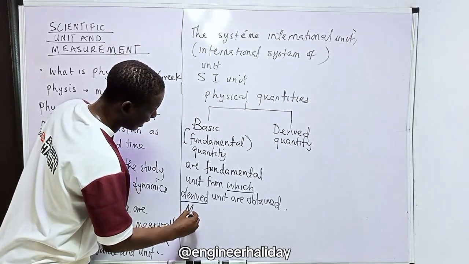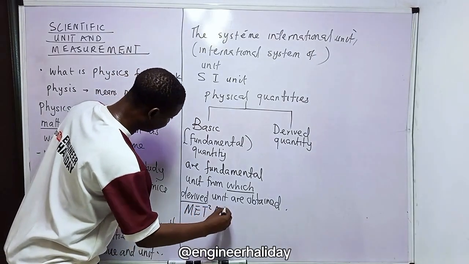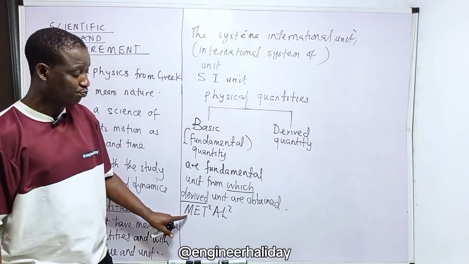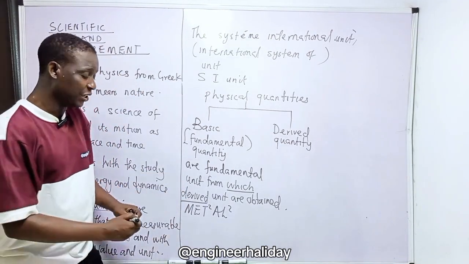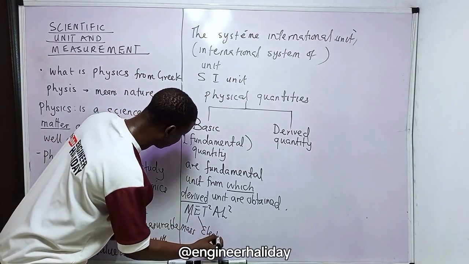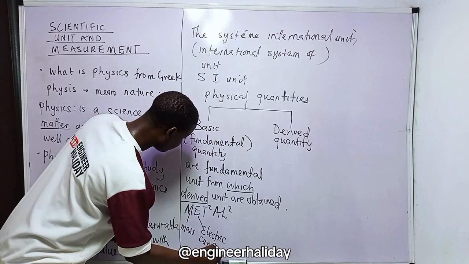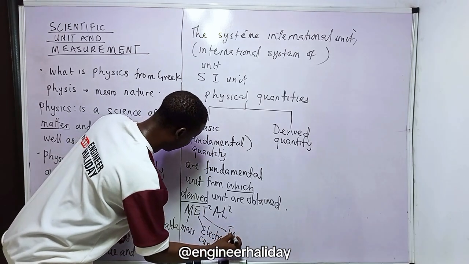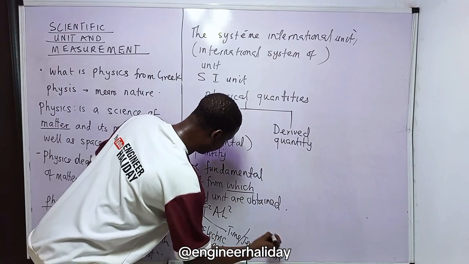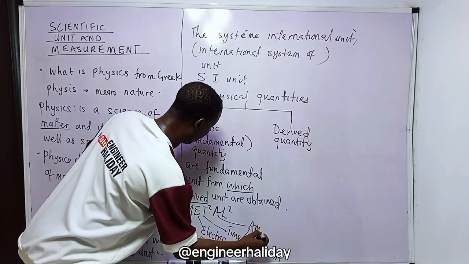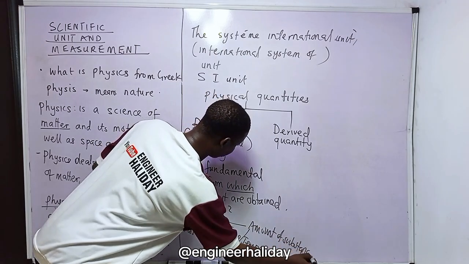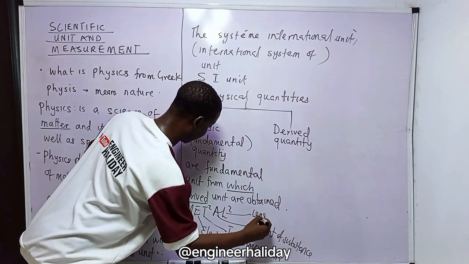In shortcut, let me give you the word METALS. The shortcut of knowing your fundamental quantities is METALS. What does that METALS mean? M is mass, E is electric current, T is time, and the second T is temperature. Then A is amount of substance, and L is length.